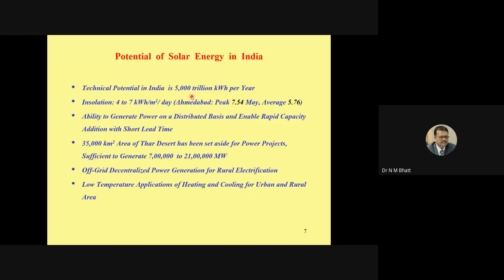It is not like that. It is a technical potential. So if one compares the two numbers, the current electricity production of India and the technical potential, one can easily get convinced that there is a tremendous potential if we only harvest the solar energy.